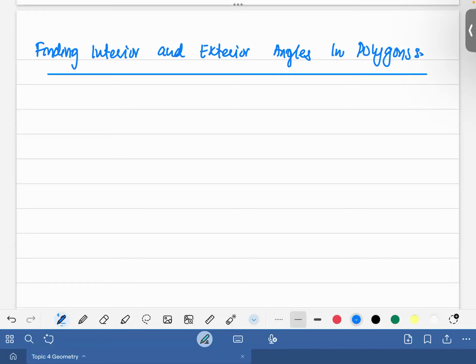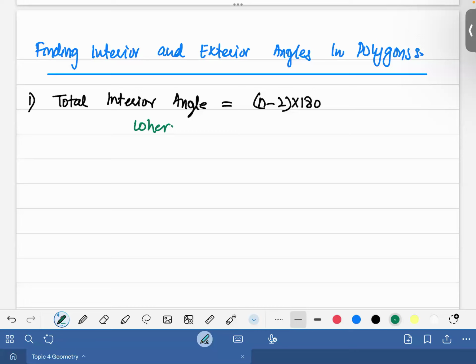Please pay attention, everybody. Remember one thing: the total interior angle is equal to (n minus 2) times 180, where n is the number of sides.